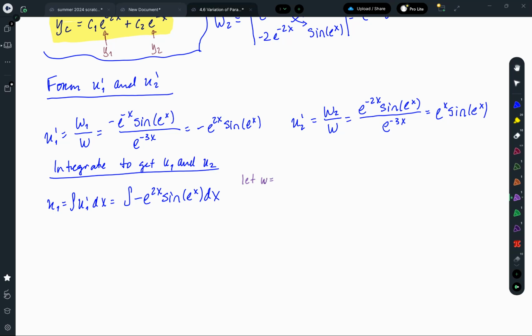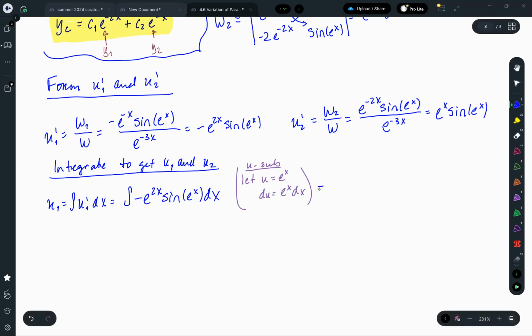Let's just leave it u and focus on this being a u sub. We're going to let u equal e to the x because that's kind of the problem part inside of the sine. And then du will be e to the x dx.